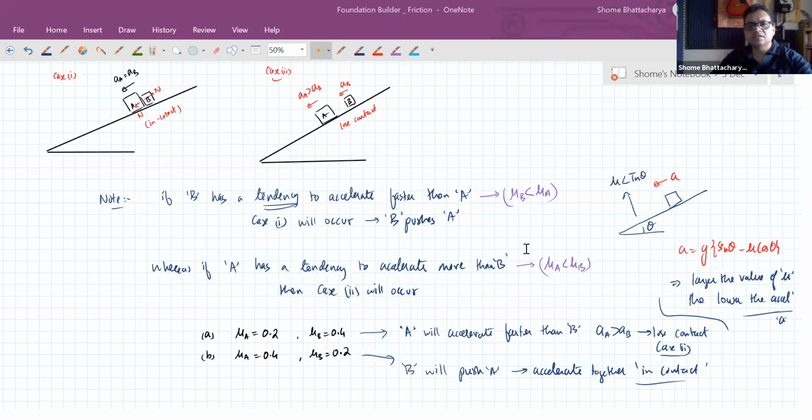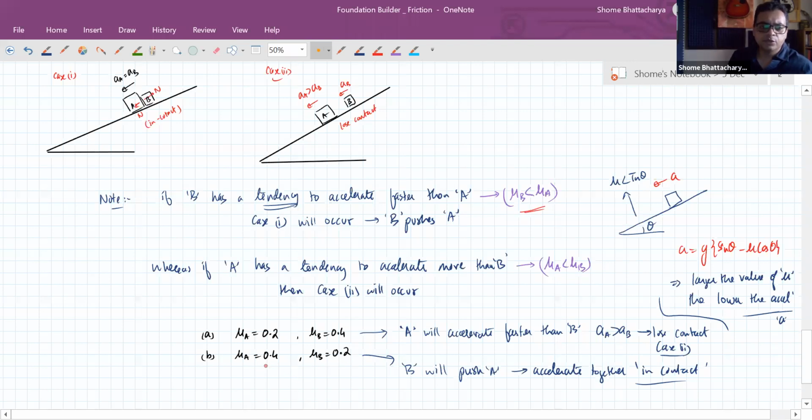Yes, that is decided on the basis of the values of coefficient of friction. See, over here we have written down that when the coefficient of friction of B is less than A, then which one is happening? Case 1 is happening. So in which case is it less? In the second case, no? Here it is 0.2 and this is 0.4.